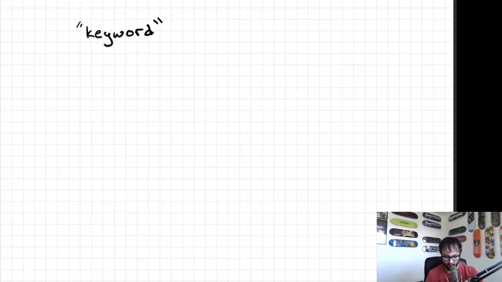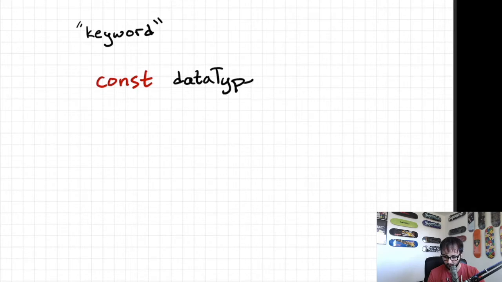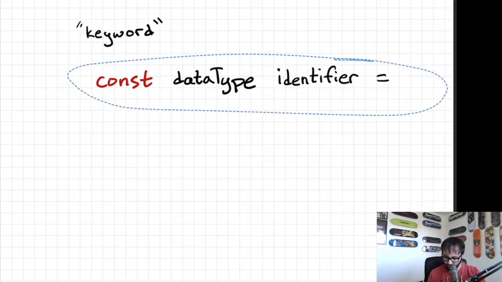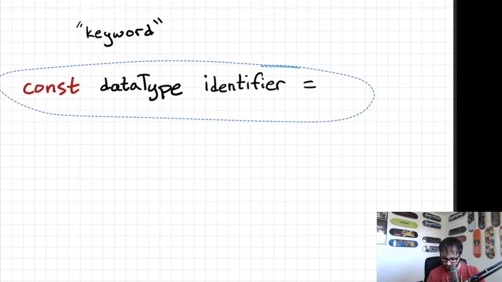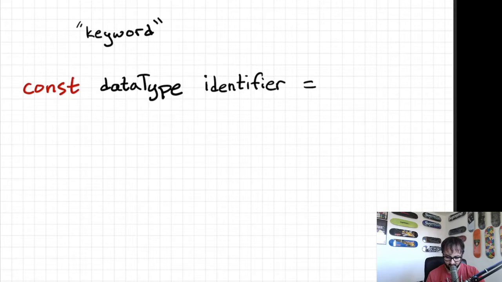We're going to use a keyword called const, and then our data type, our identifier, the assignment operator, and then a value to assign it to.